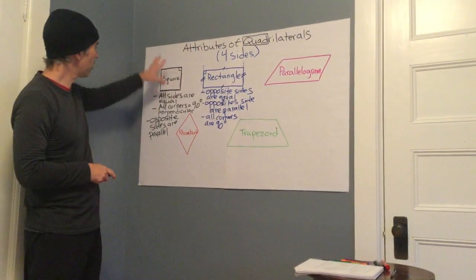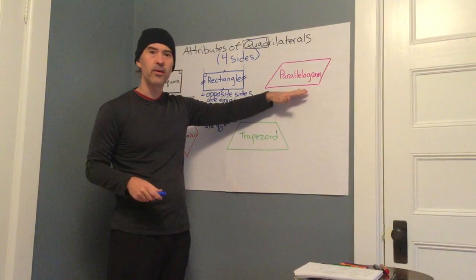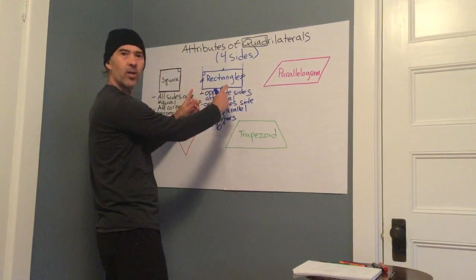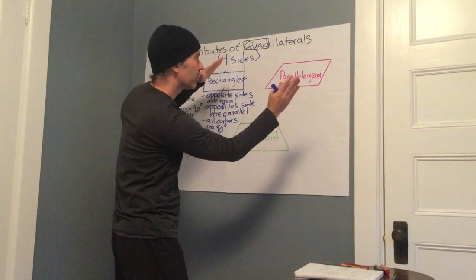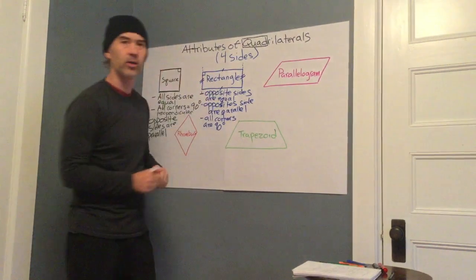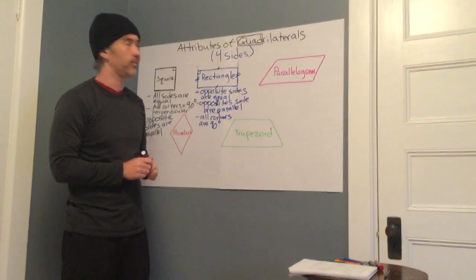Okay, so far, square, rectangle. Now this one. I kind of look at the rectangle and just see it being pushed over. It's a parallelogram. So what features, what attributes can we use to describe a parallelogram?